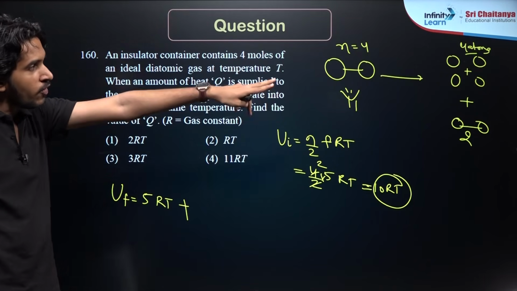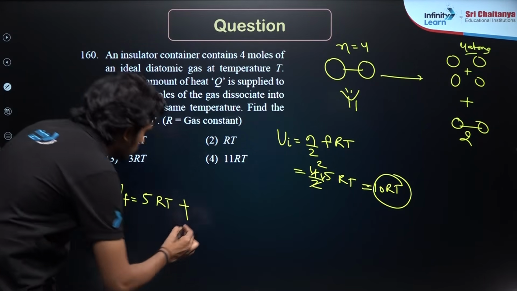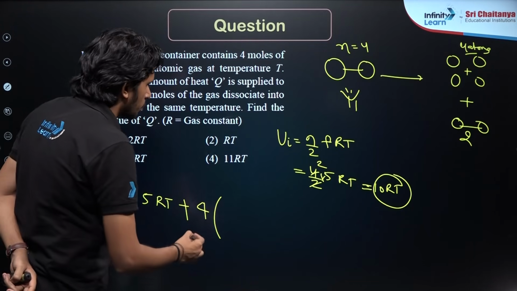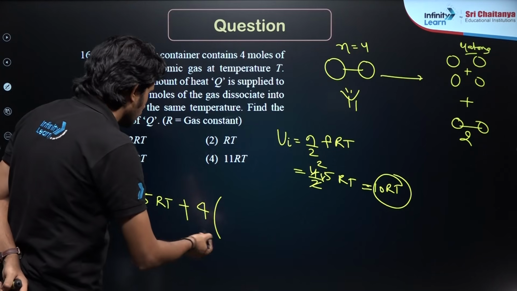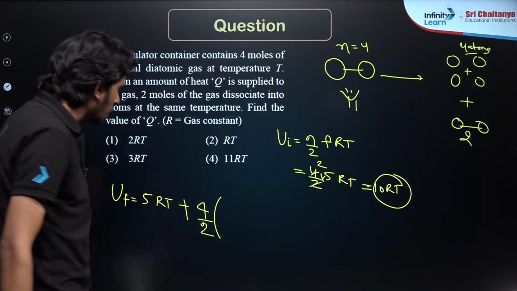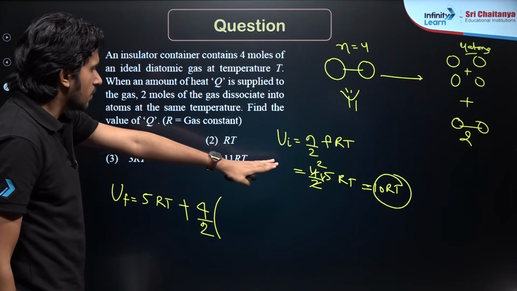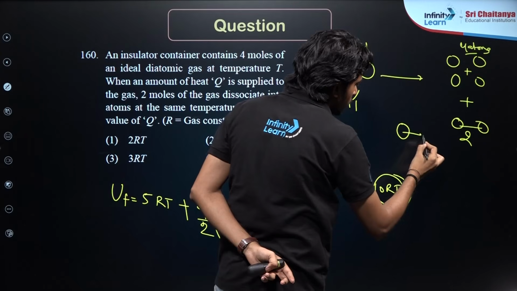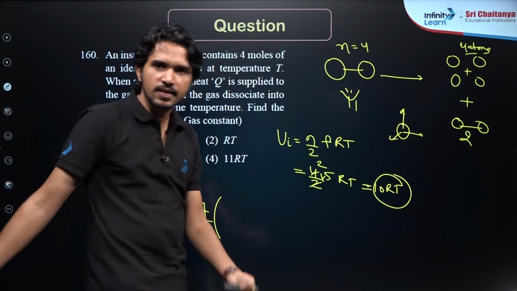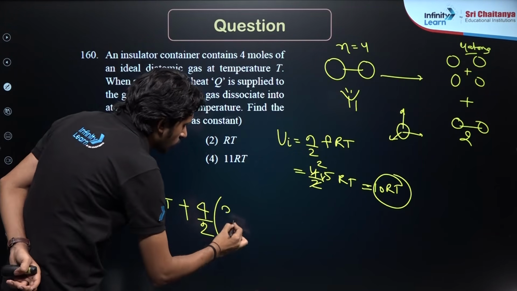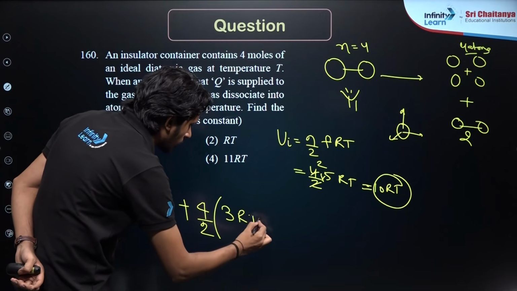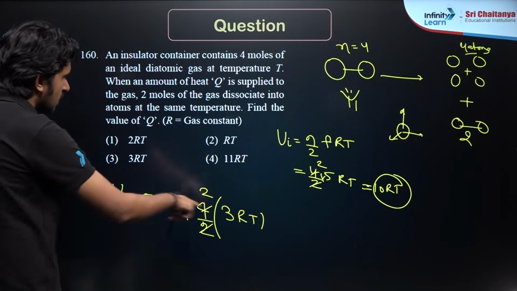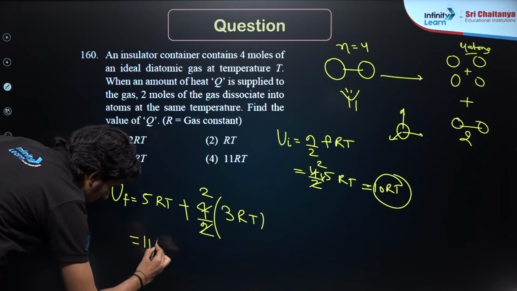Plus we have 4 moles of atoms, and for one atom the degree of freedom is 3, only translational, so 4 into 3 RT by 2 is 6 RT. 5 RT plus 6 RT is 11 RT.